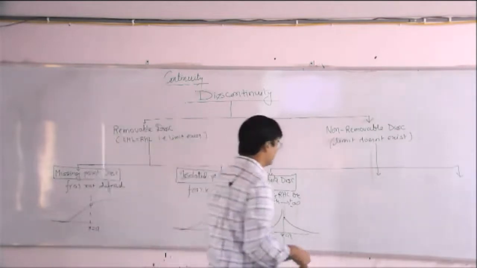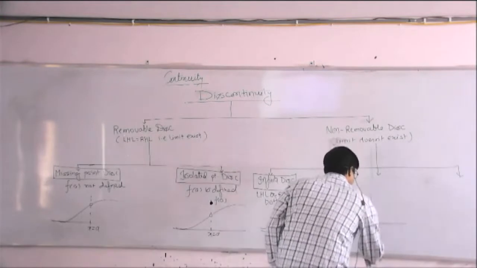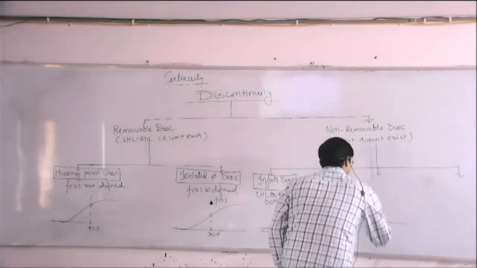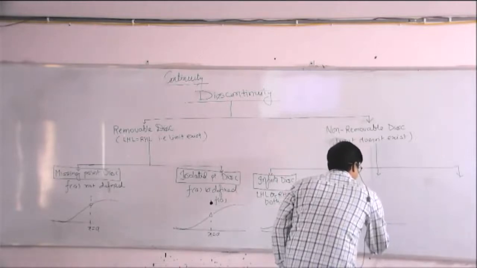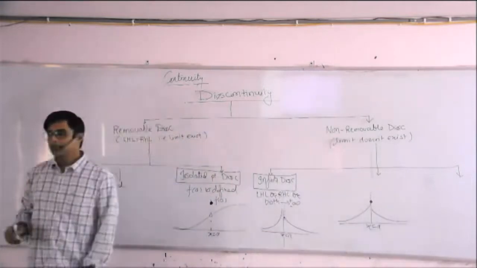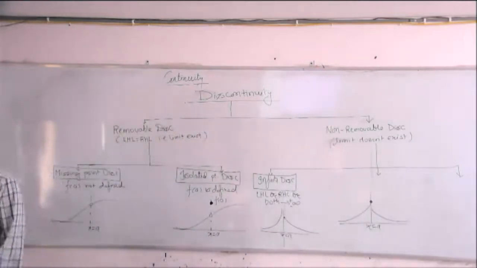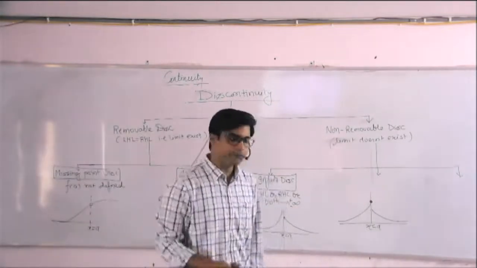Now, opposite to infinite discontinuity, we have another case. Yes or no? Left hand limit finite, right hand limit finite, but not equal. Is the left hand limit finite or not? Right hand limit is also finite, but not equal.